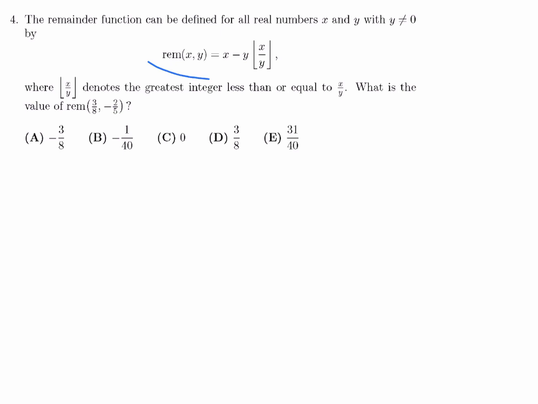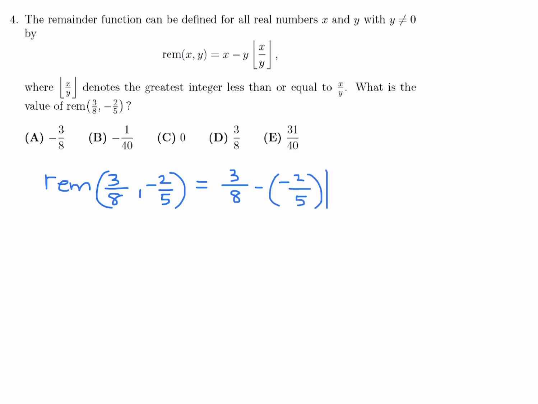Okay, so using that definition, we will calculate this. Remainder of (3 over 8, minus 2 over 5) equals 3 over 8 minus minus 2 over 5 times, in that interesting looking bracket, 3 over 8 divided by negative 2 over 5.